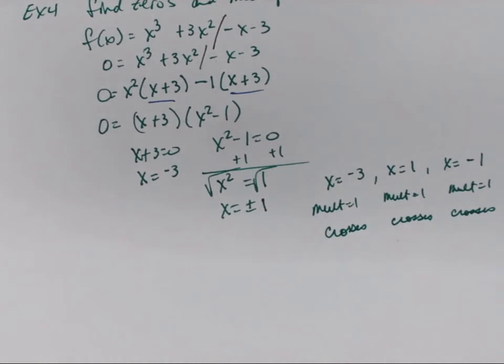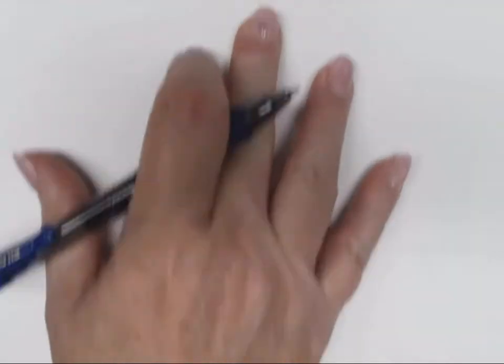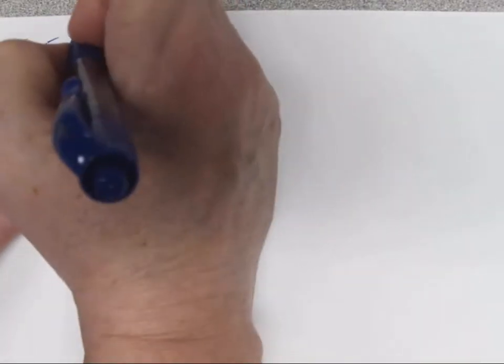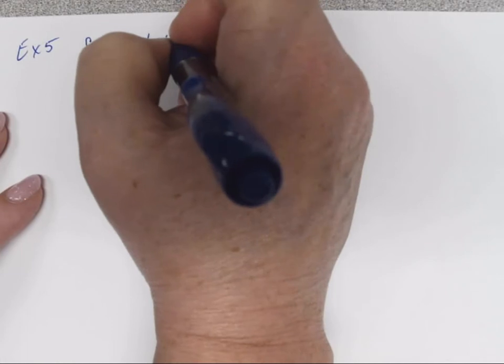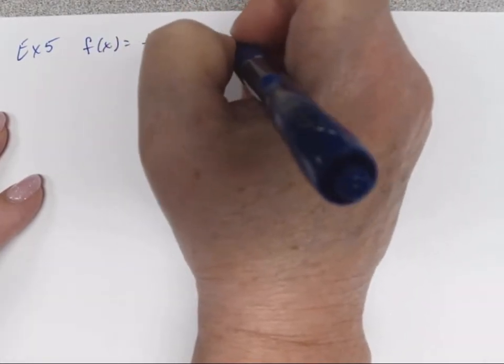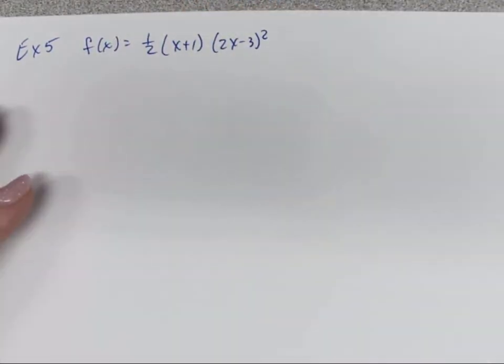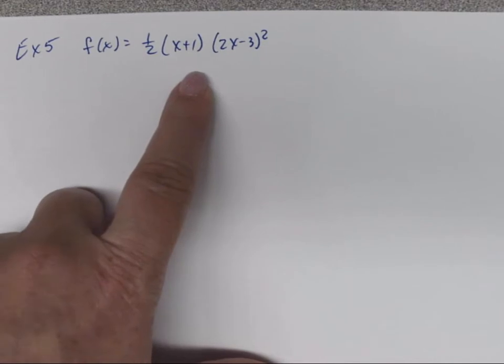All right, let's go look at example 5. So for example 5, we are looking at f of x equals 1/2 times x plus 1 times 2x minus 3 squared. Well, this one's nice because it's already factored for us.